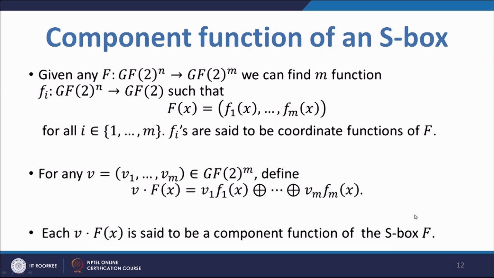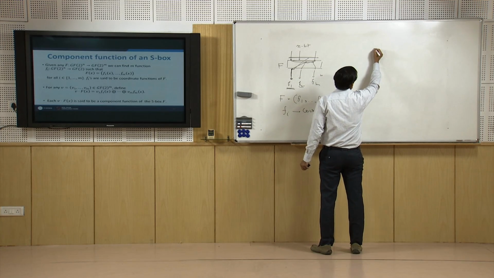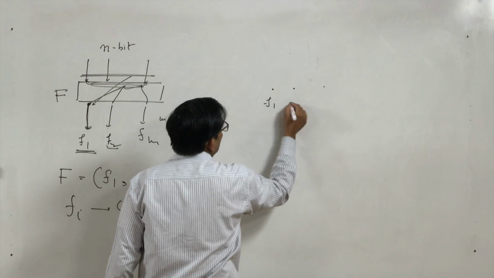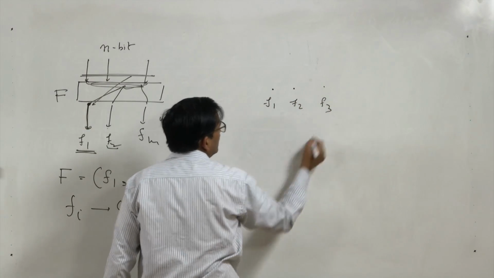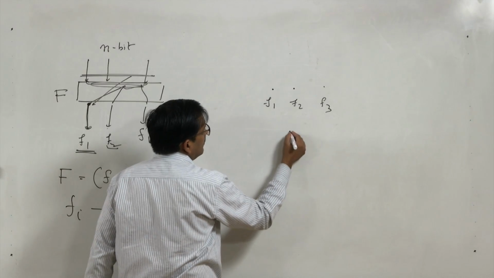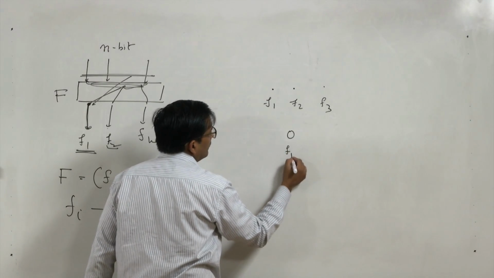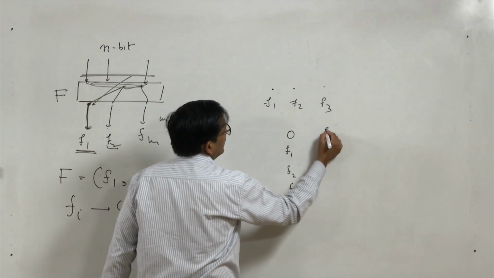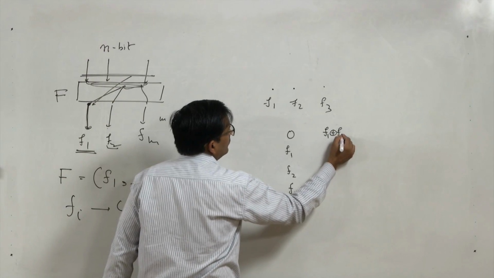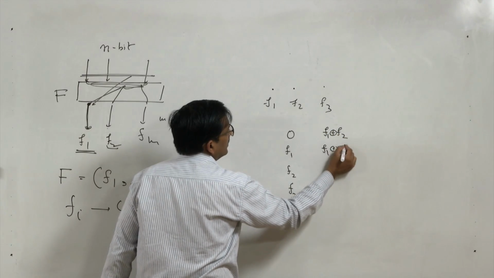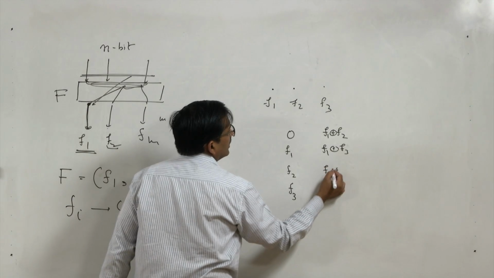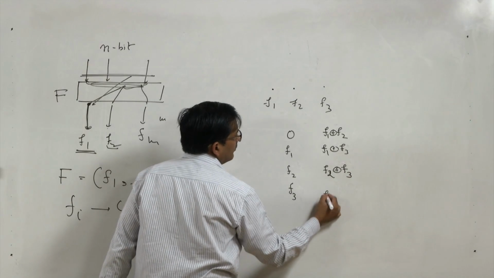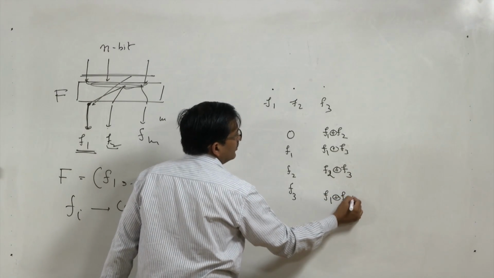So, if I have got just, let us say, 3 coordinate functions f1, f2 and f3, then my component functions will be of course the 0 function and the functions f1, f2 and f3, which are the coordinate functions, and then I will have f1 XOR f2, f1 XOR f3 and f2 XOR f3, and finally f1 XOR f2 XOR f3.